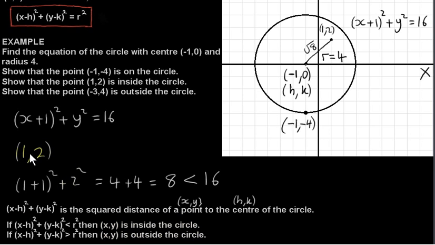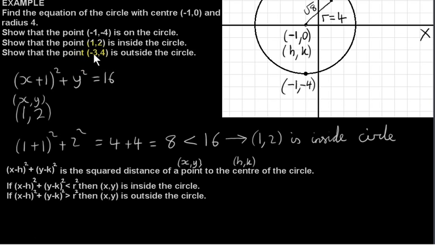That's exactly what happened here. (x, y) is the point (1, 2), and when we calculated the left-hand side of the equation of a circle, we got a value that is less than r squared. Now the other situation is where the square distance of the point to the center of the circle is greater than r squared. When that happens, the point (x, y) is outside the circle.